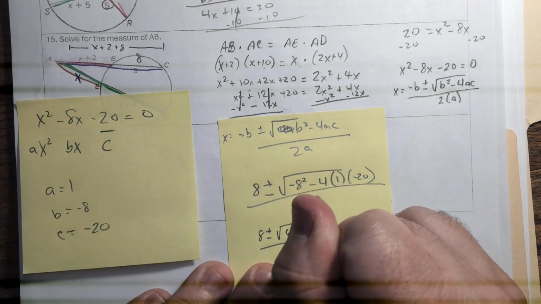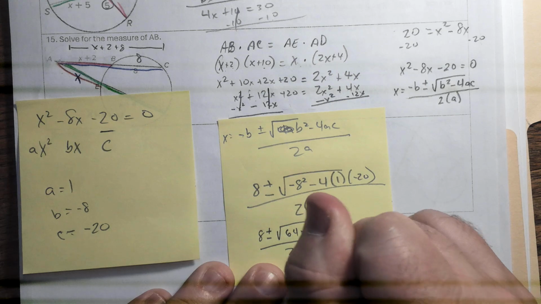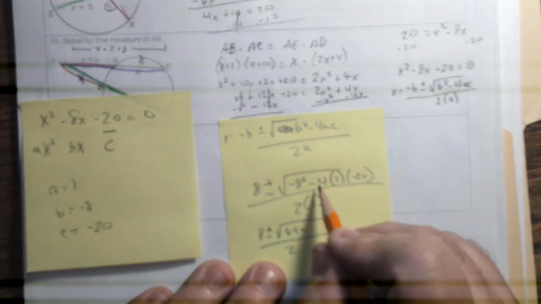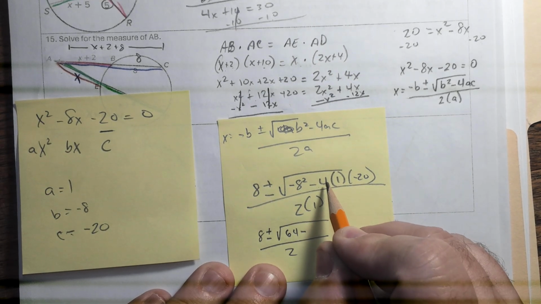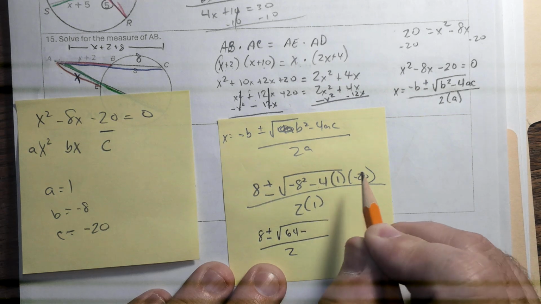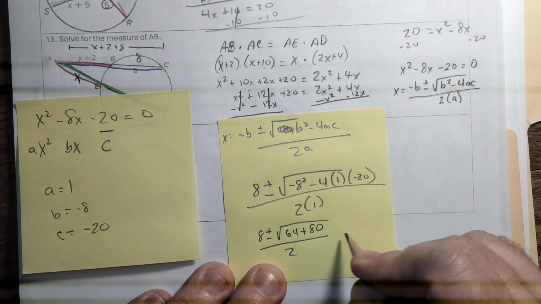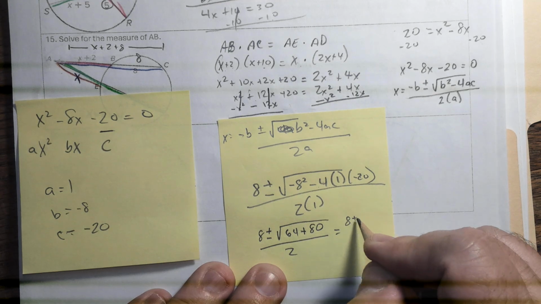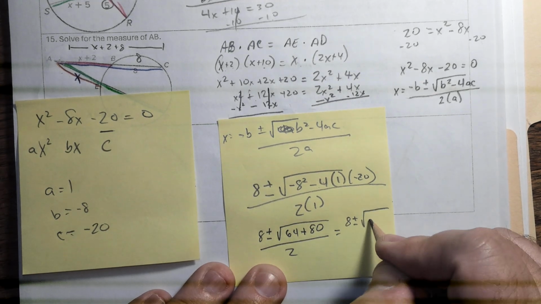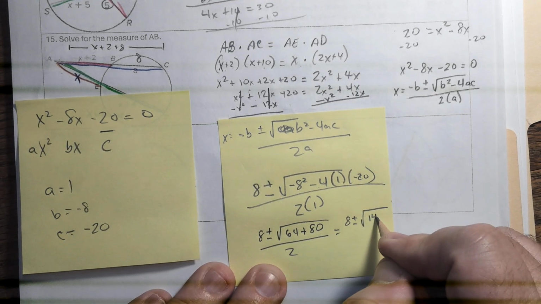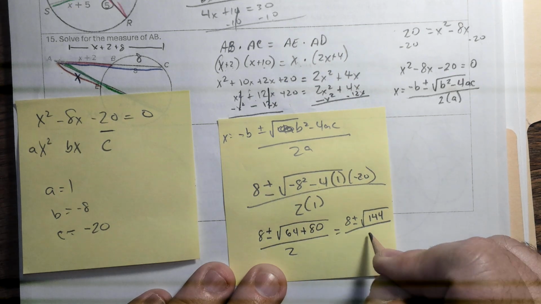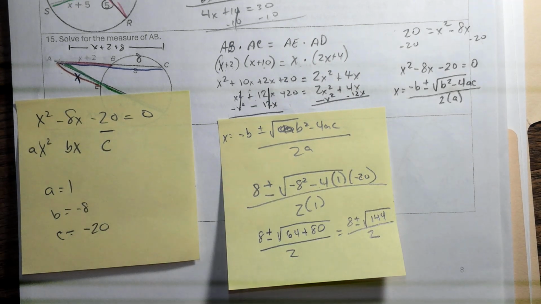8 squared is 64. I'm going to write the minus, but it may change. Negative 4 times 1 is negative 4. Negative 4 times negative 20 is positive 80. So this is 8 plus or minus the square root of 144, getting into a real number, over 2.